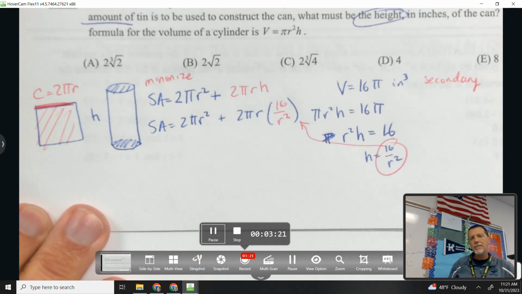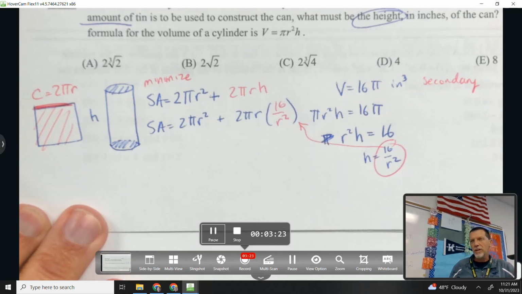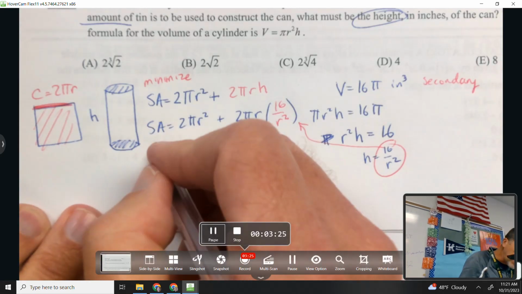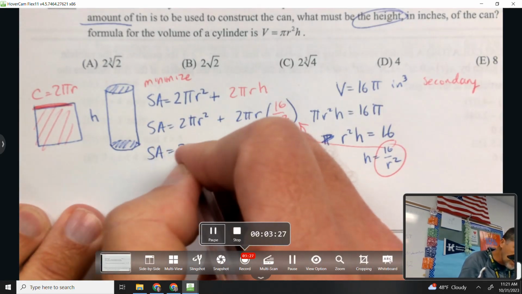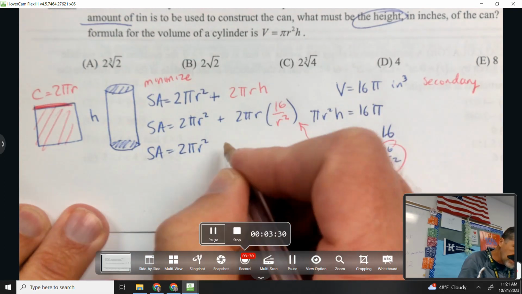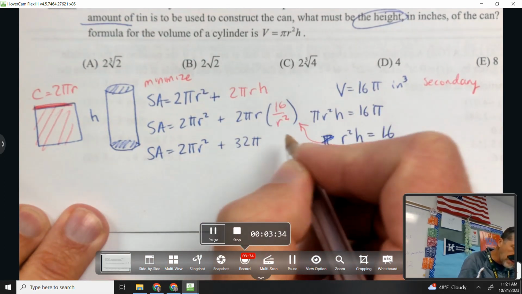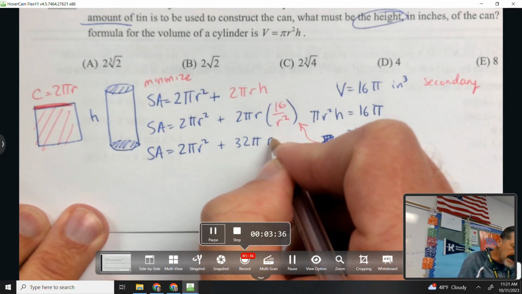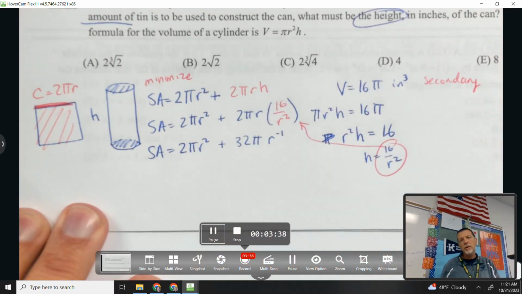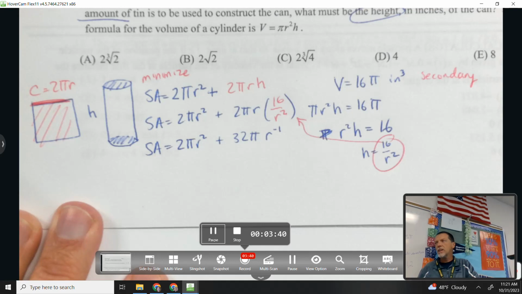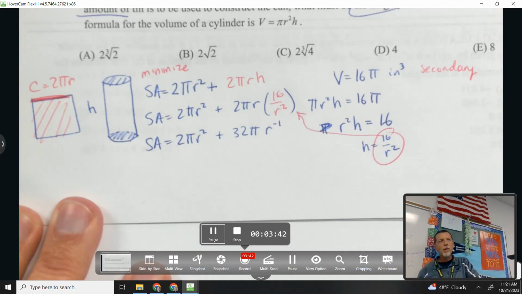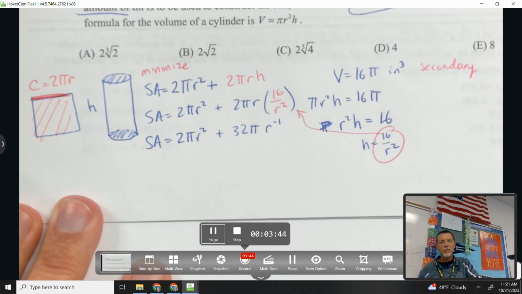So, I'm ready to take a derivative, since there's only one variable, but I would like to clean that up a little bit first. 2 pi r squared plus 32 pi, and then r in the bottom, but since I know a derivative's coming, I'm going to rewrite it as r to the negative 1. I'm far more likely to get that derivative correct if I write it like that.